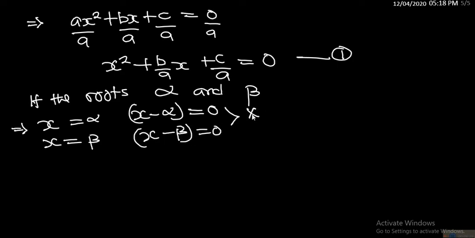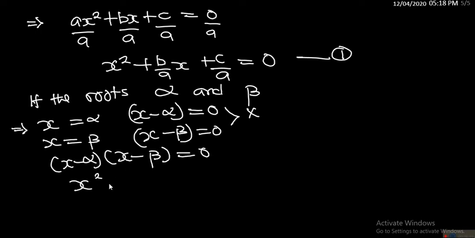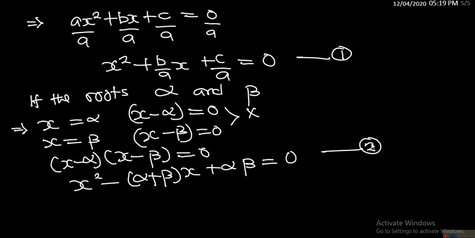If you multiply these two equations, you have x minus alpha into x minus beta equals 0. And if you expand that, you have x squared minus alpha plus beta x plus alpha beta equals 0. Call this equation 2.